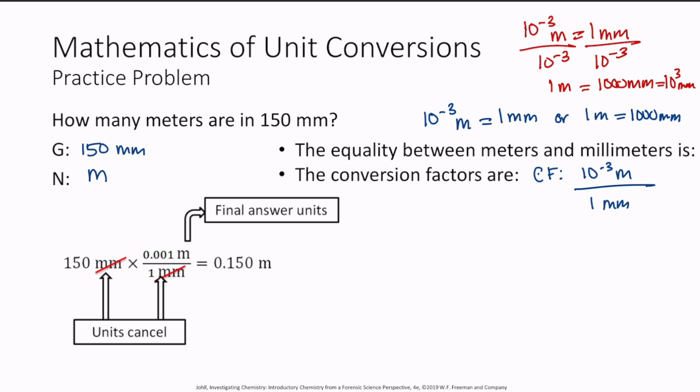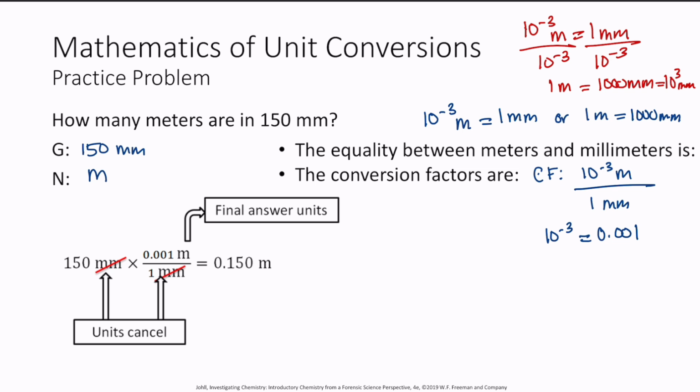Now remember, if we're using scientific notation, 10 to the negative 3, and we want to put it into standard notation, it is equal to 0.001 numerically.